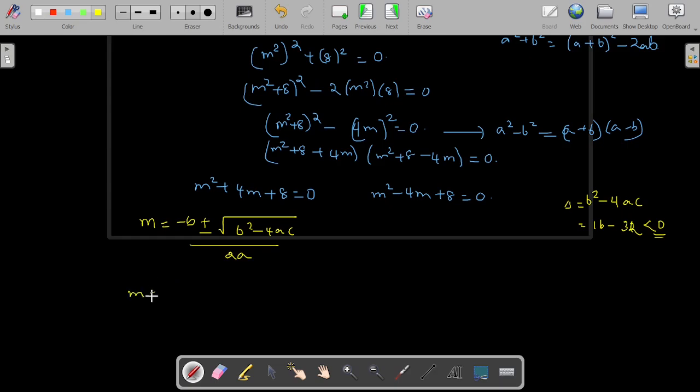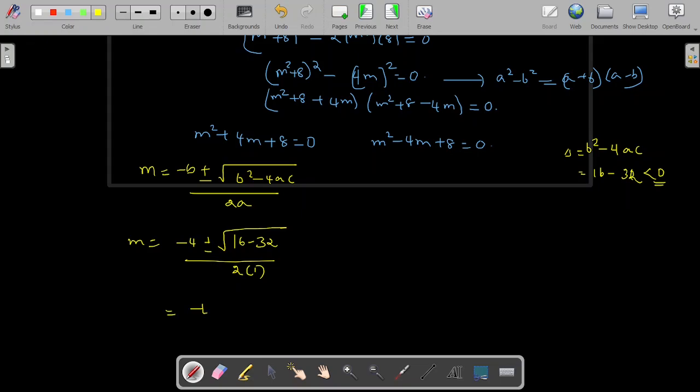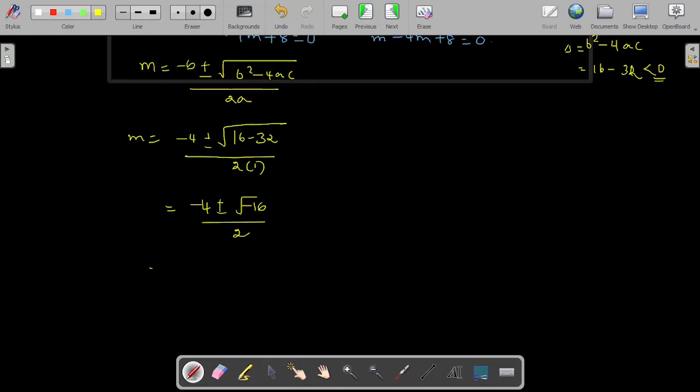So m equal to minus 4 plus or minus square root of 4 square is 16 minus 32, divided by 2 into a, a is 1. So after simplification we get minus 4 plus or minus square root of minus 16 by 2. So this is equal to minus 4 plus or minus, square root of 16 is 4, square root of minus 1 is i, by 2. This is equal to minus 2 plus or minus 2i.